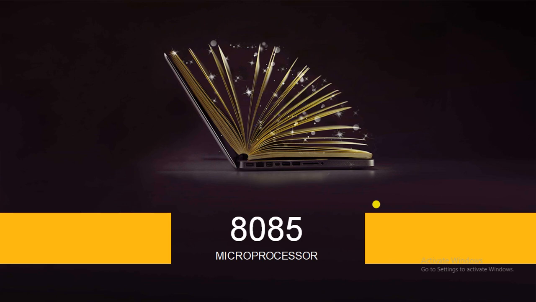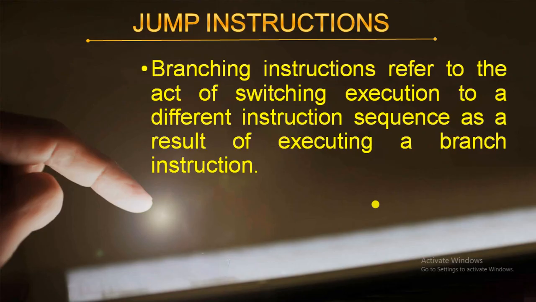In this session, we are dealing with 8085 microprocessor jump instructions. Jump instructions come under branching instructions, where branching refers to the act of switching execution to a different instruction in the program.